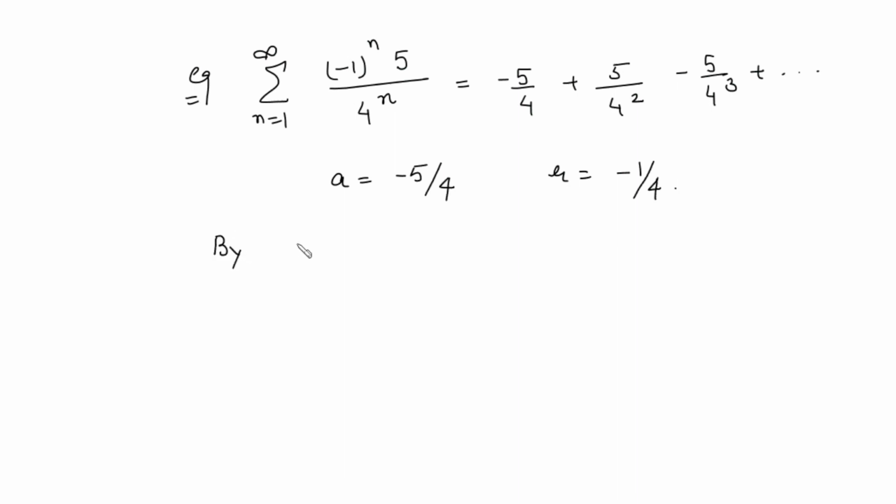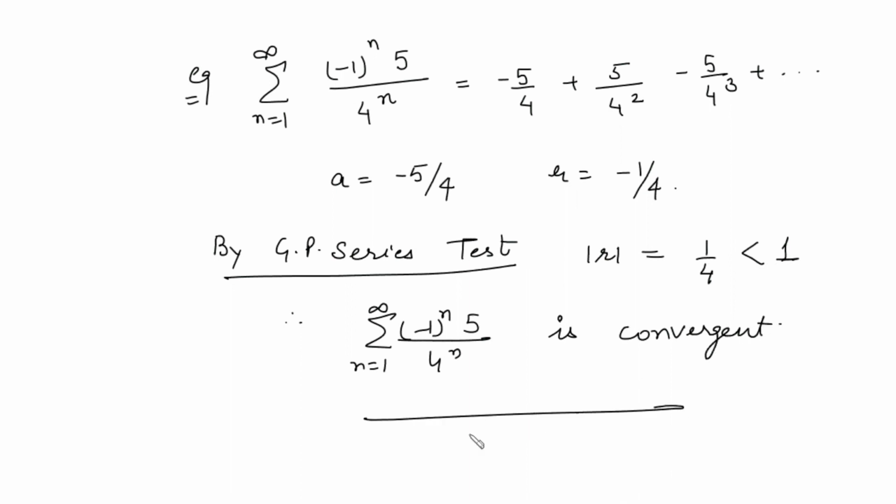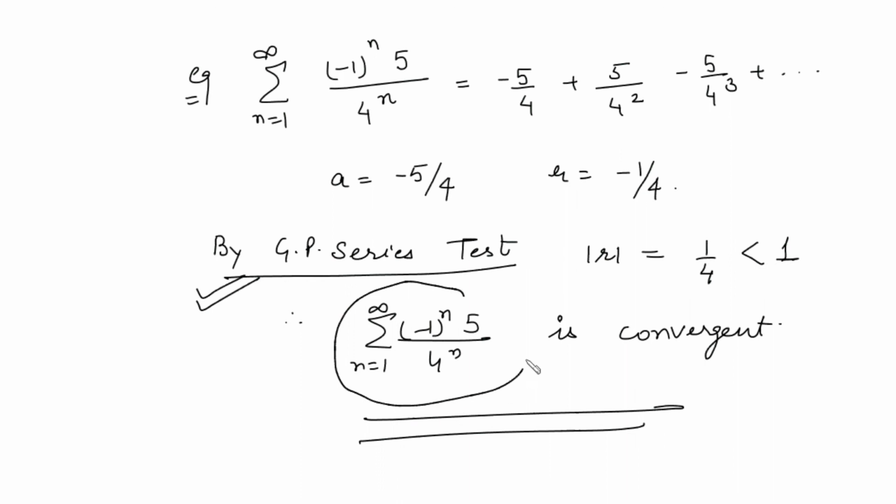So by the GP series test, since the mod of the common ratio, which is 1 by 4, is strictly less than 1, the given series is convergent, right? So in this way we apply the GP series test to check the behavior of series of this form.